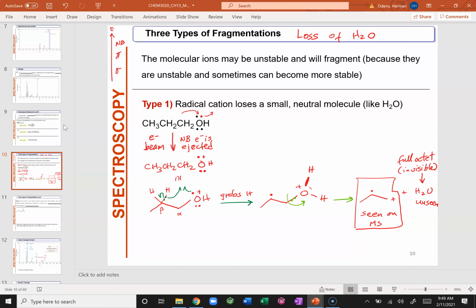But you know that was there because you subtract from the original mass ion to the first fragment, and you will see a loss of 18. So that tells you that you lost water. Water means loss of a mass of 18.